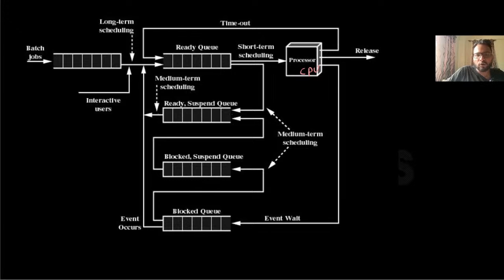From this ready, if I am going to ready suspended, that is done by the medium-term scheduler. From this running I can go to the block, and then from this block I can go to block suspended. That is also done by the medium-term scheduler.